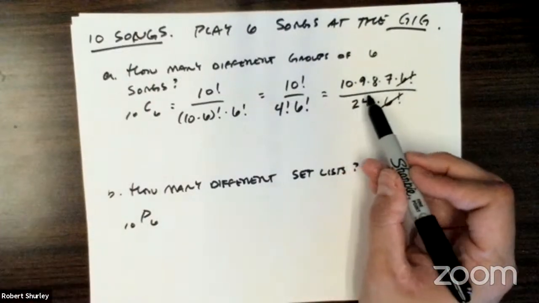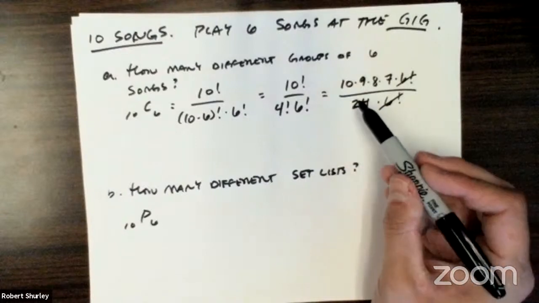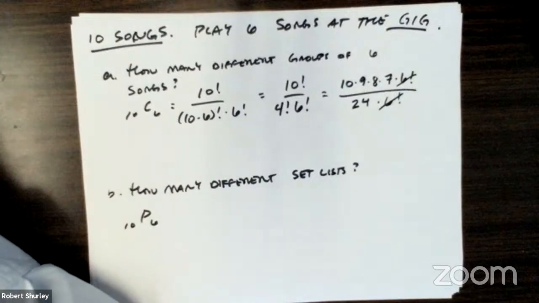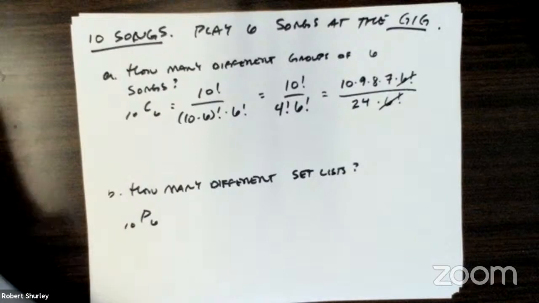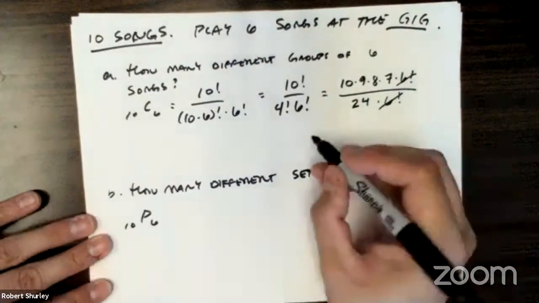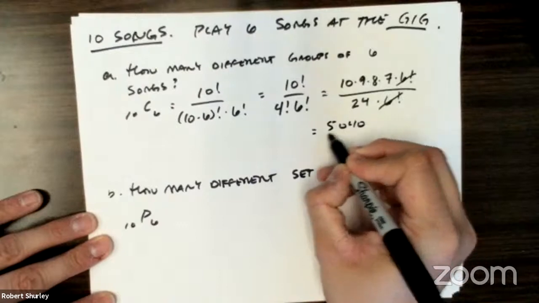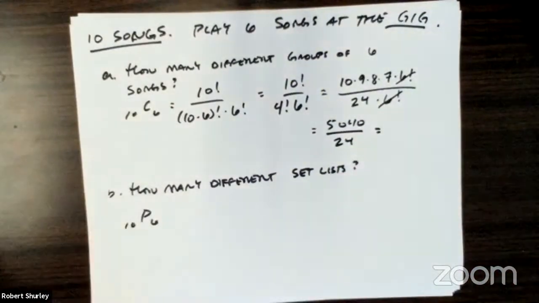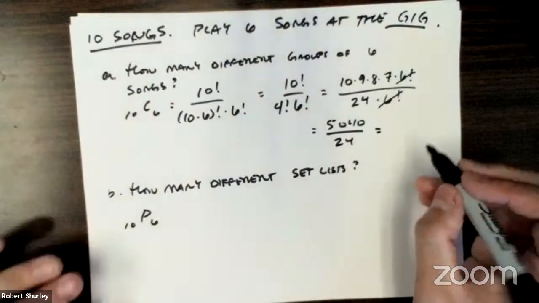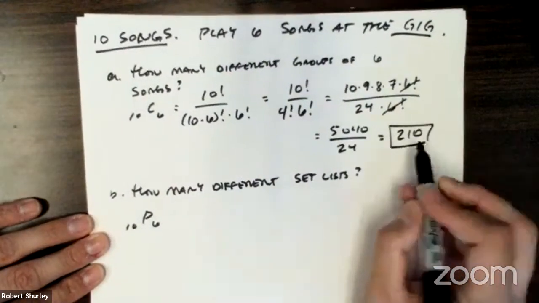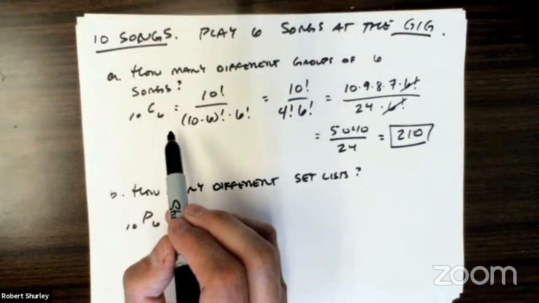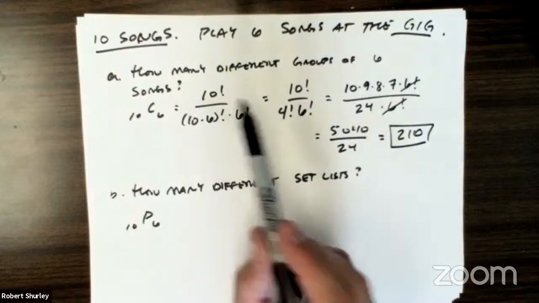I'm going to multiply the 10 times the 9 times the 8 times the 7, and I get 5,040. Then we divide that by 24. It'll divide evenly. You get 210. So there's 210 groups of 6 songs that we could choose.